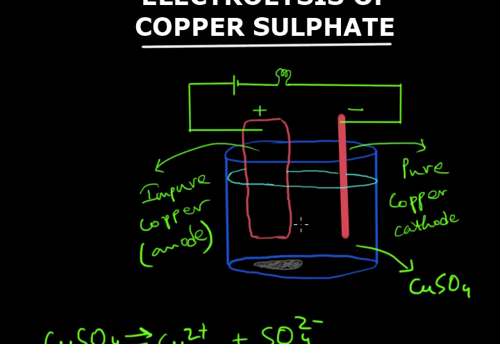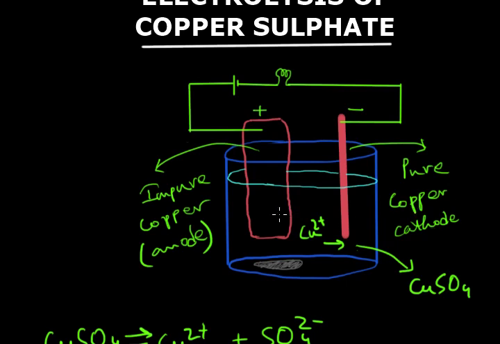Copper ions move towards the cathode and, gaining electrons from the cathode, get stuck to the electrode and are accumulated in the cathode in the purest form.